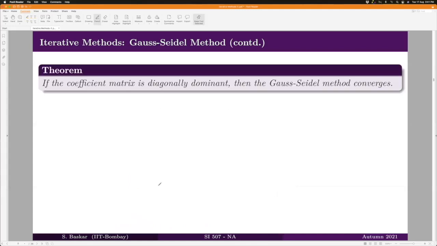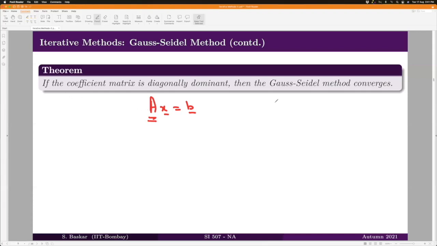Now coming to the convergence theorem, Gauss-Seidel method also converges under the same condition as we had in the Jacobi method. The theorem says that if the coefficient matrix A, remember Ax equal to b is what we are interested to solve, and this A is the coefficient matrix.